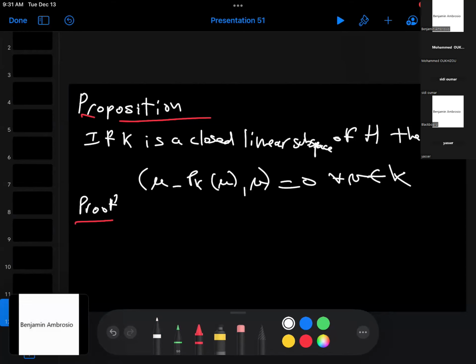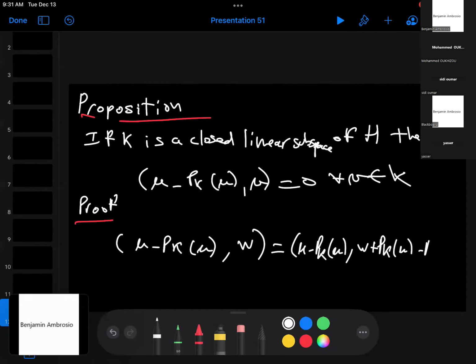Then in this case, I can write that U minus P_K of U scalar, let's say W, this is the same as U minus P_K of U scalar W plus P_K of U minus P_K of U. So since K is a linear subspace, this belongs to K.